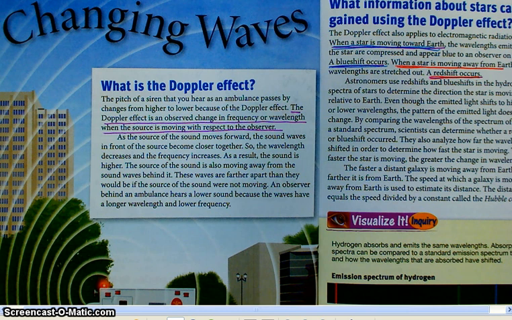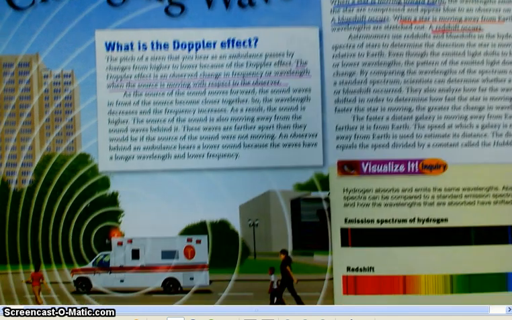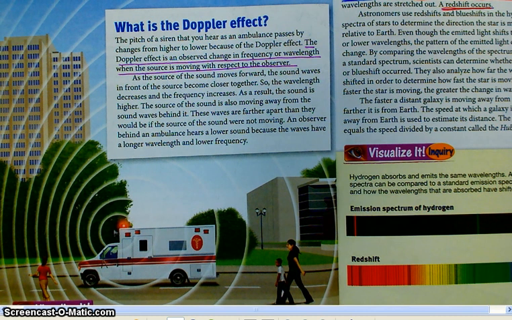You know that the siren to your ear is high pitched as it approaches and then it's lower pitch as it passes you. That is because sound waves are subject to the Doppler effect just like light waves are.